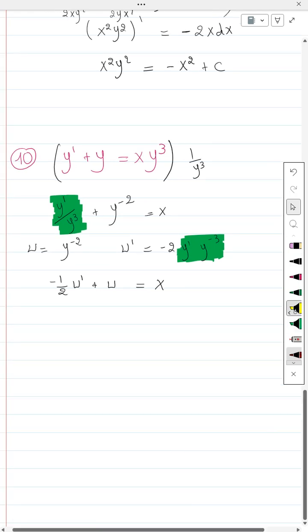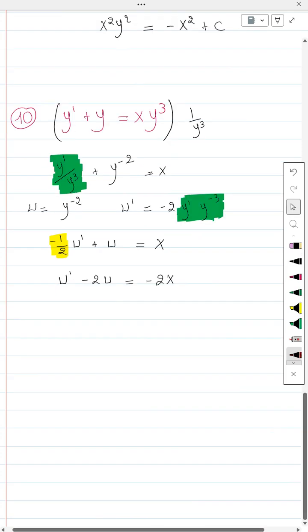As I said before, we need to make this coefficient 1, so by multiplying by minus 2, we're going to obtain u prime minus 2u is going to be equal to minus 2x.